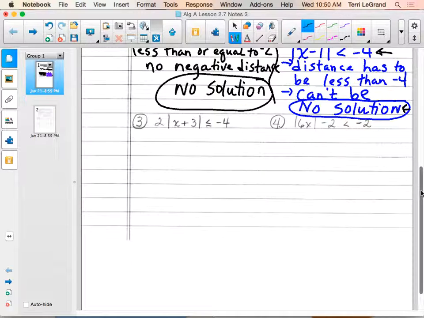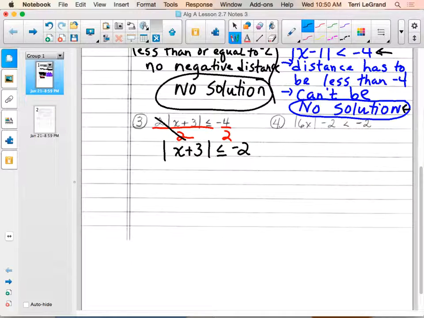So the first thing we have to do is divide both sides by 2. That's our first move. And then we're going to say, oh, now the absolute value expression is by itself. And what's negative 4 divided by 2? Negative 2.